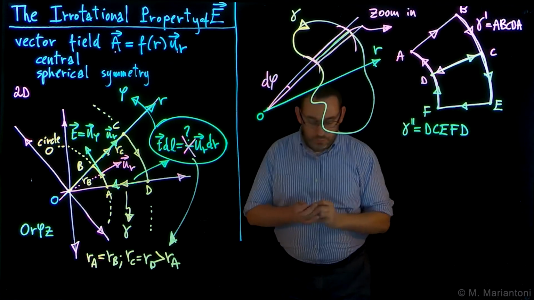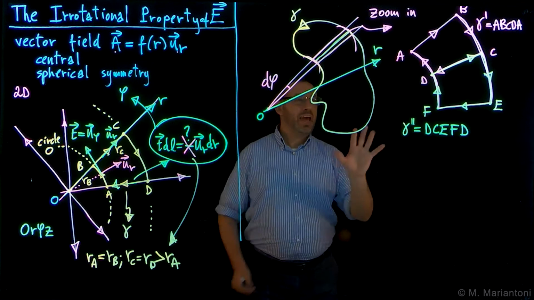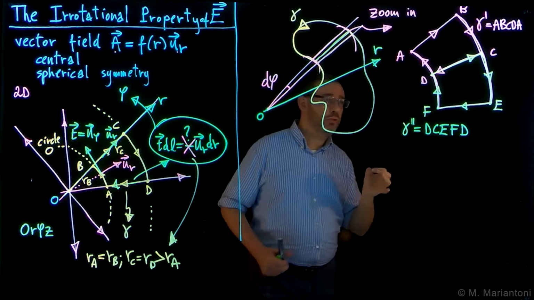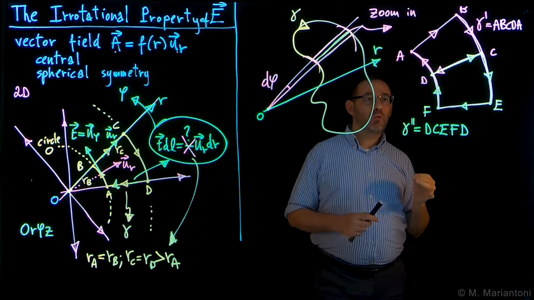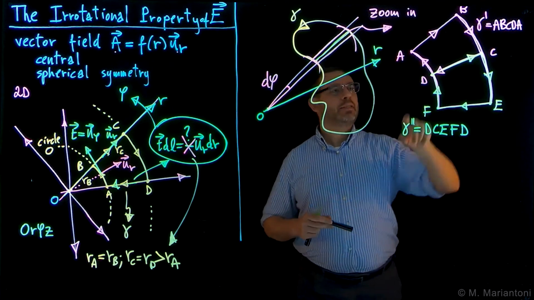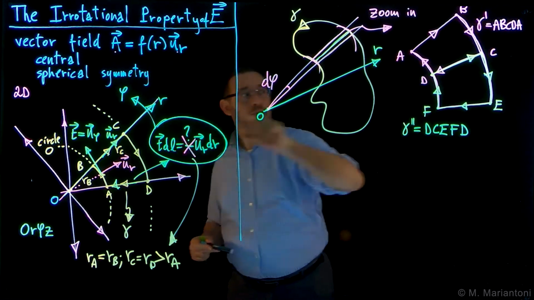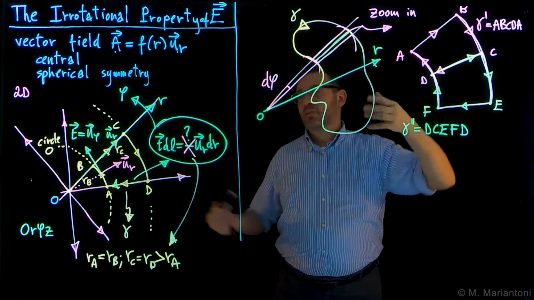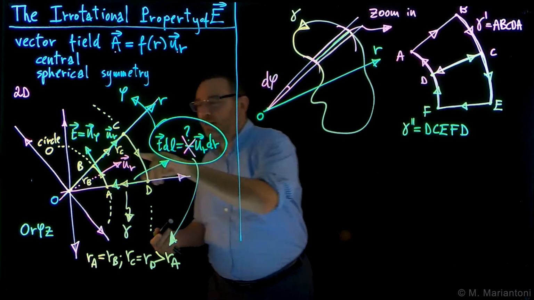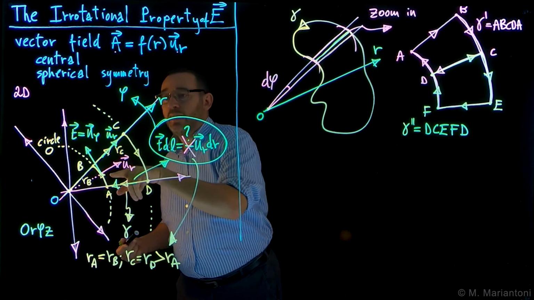All right, great. So now with that in hand, the next thing we want to do, we know that the line integral for a vector field with central spherical symmetry over this line gamma prime has to be 0, because this line gamma prime is exactly the same type of structure as the line gamma we have here.